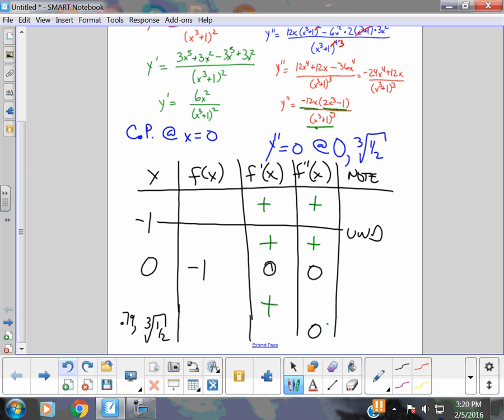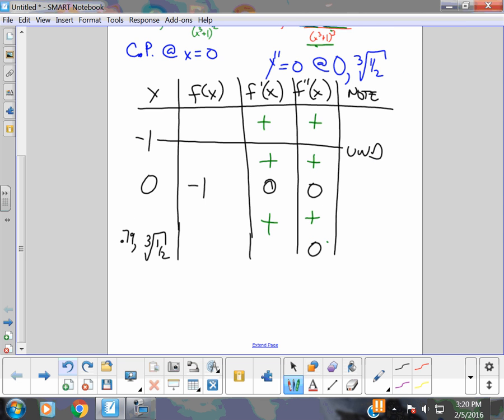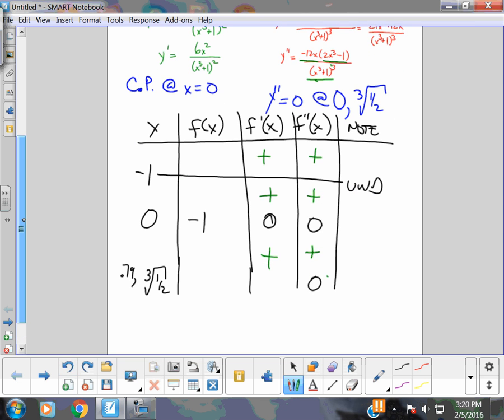All right, I'm cruising. Now what's happening between 0 and 0.79? If I put 1/2 in, I'm going to get a negative 6 times 1/2, which is a negative there, then two negatives, and it's going to be a positive. And finally, if I plug in a really big positive, I think what you're going to see is that it becomes a negative.